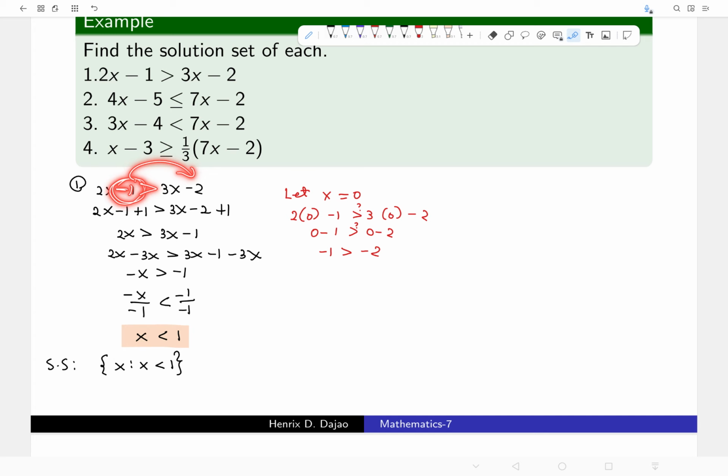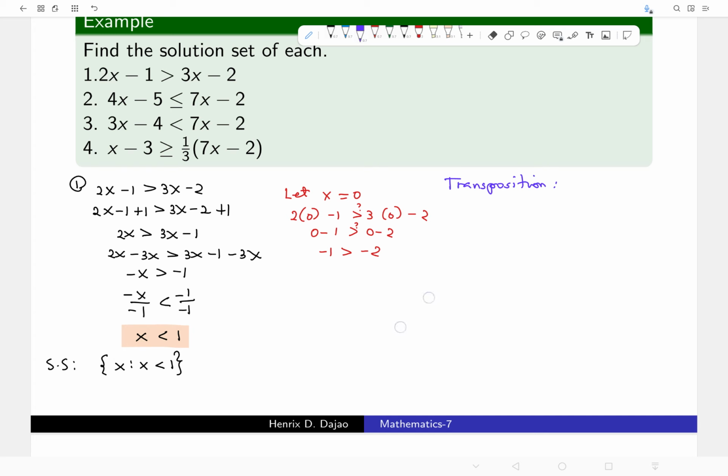So from negative, this becomes positive 1. Okay, so let's try an alternative solution. Using transposition, can we still get the answer, which is x is less than 1?